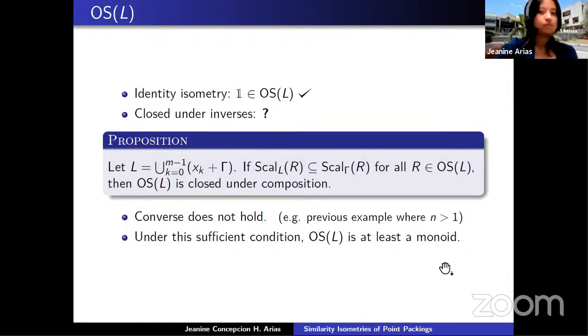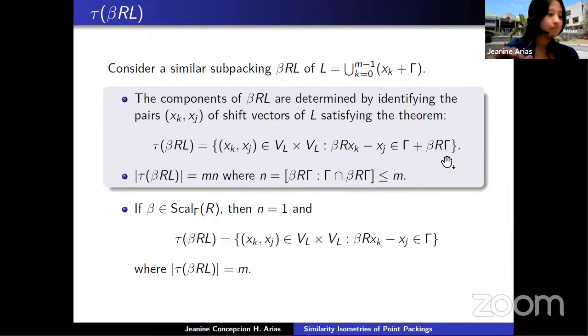So let us now introduce the following notation to help us identify the components of beta RL. The components of beta RL are determined by identifying the pairs xk, xj of shift vectors of L, satisfying the theorem earlier.